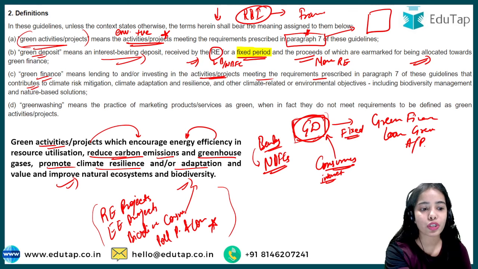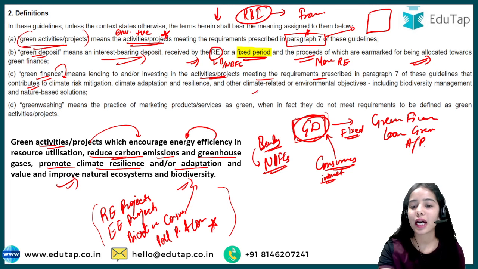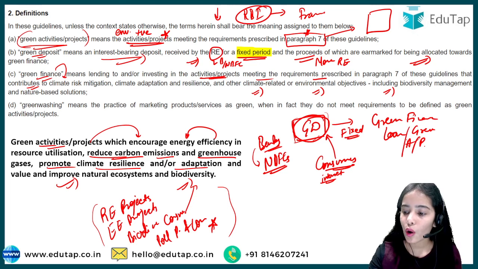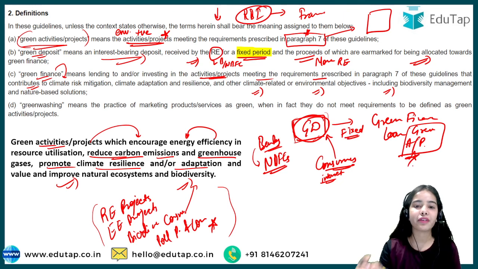Green finance contributes to climate risk mitigation, climate adaptation, resilience, and other climate related or environmental objectives including biodiversity management and nature based solutions. So the money that banks or NBFCs get in green deposits should only be used for green financing, for giving loans for these kinds of activities or projects.